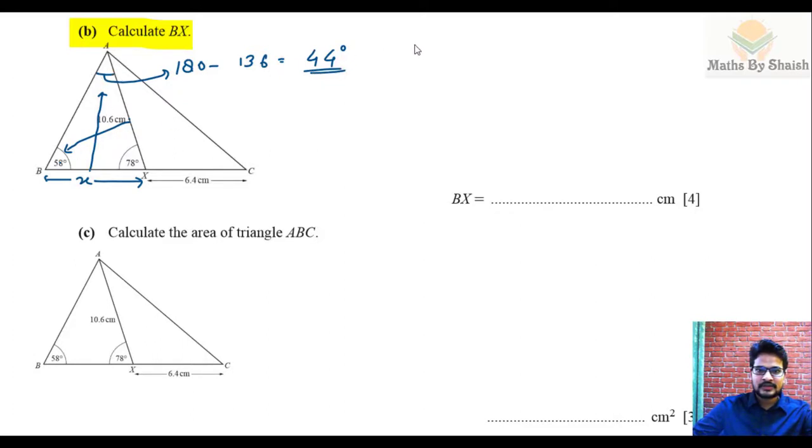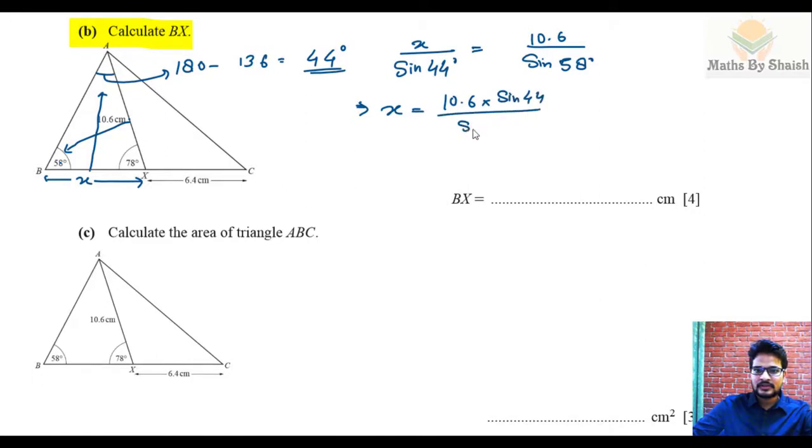So the sine rule suggests x upon sine 44 degrees equals another pair, 10.6 upon sine 58 degrees. Or we can simplify: x equals 10.6 into sine 44 upon sine 58.